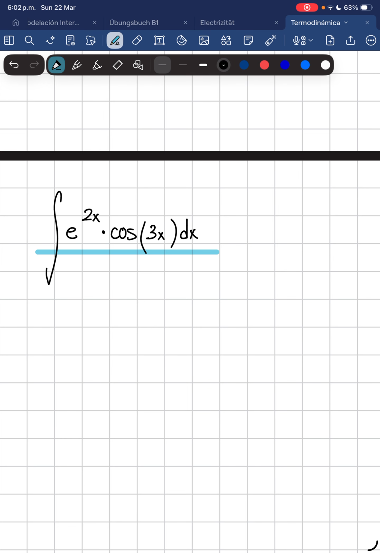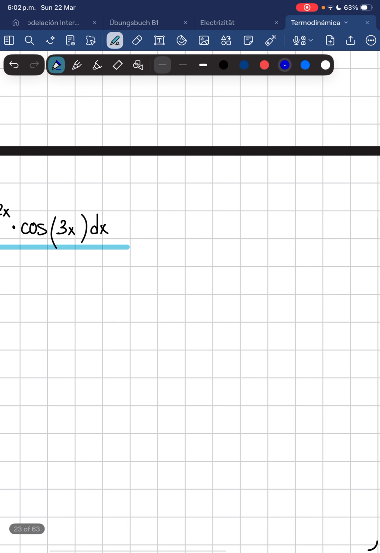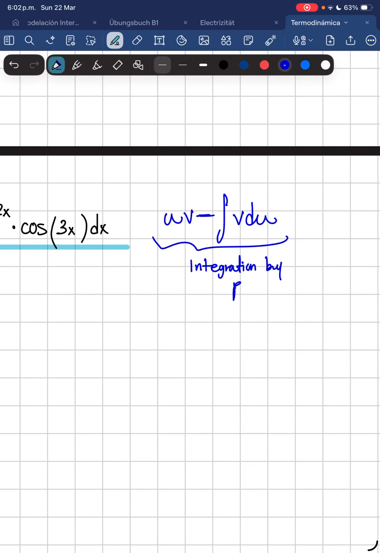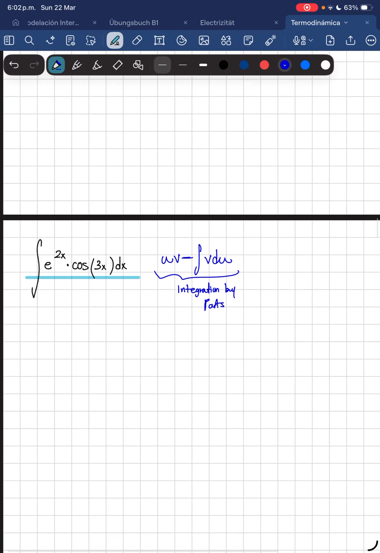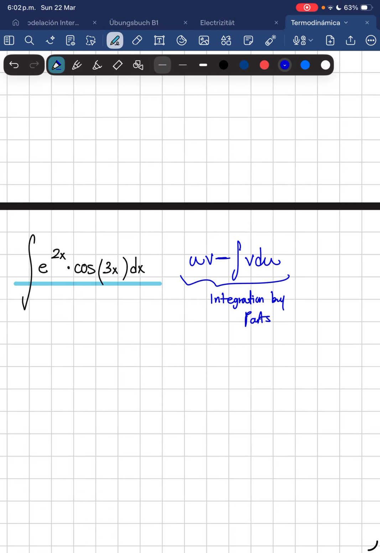So first of all, we're gonna use this rule right here that you must completely memorize, which is u times v minus the integral of v du. With this formula, the integration by parts, we're gonna start solving our integral right here.